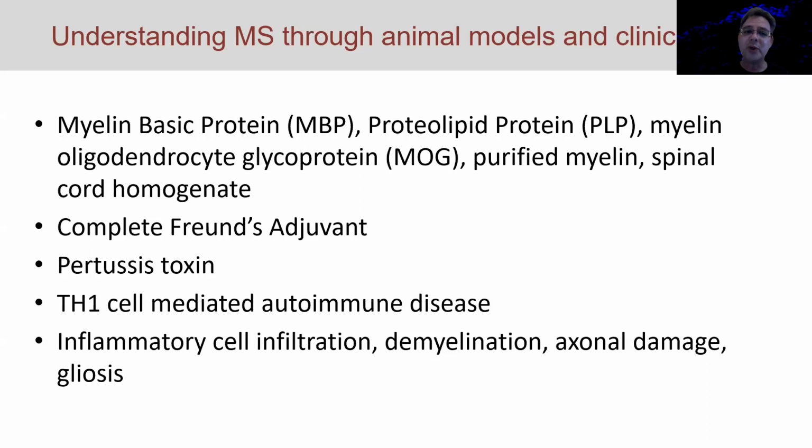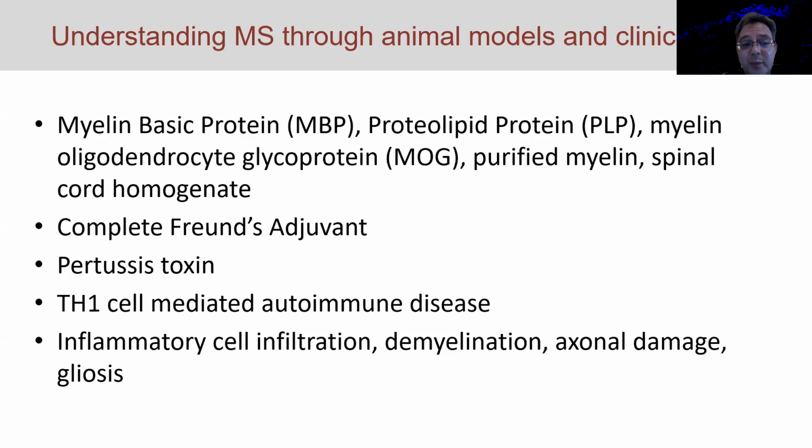And we utilize these proteins to produce the animal model of the disease to identify the classical pathological hallmarks of MS in terms of demyelinating lesions and how the immune system enters into the central nervous system to produce those effects.